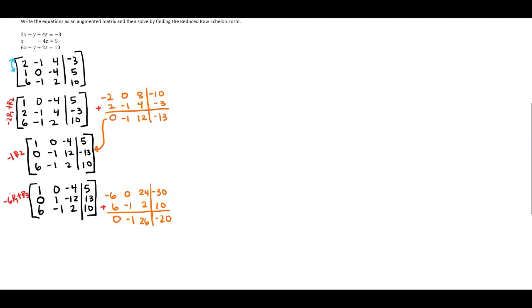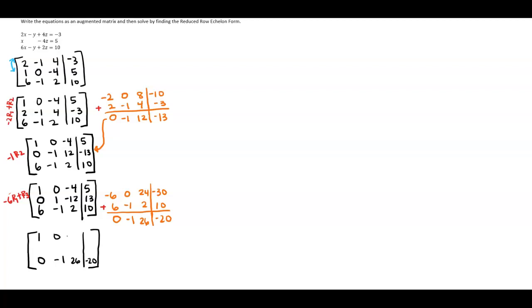Okay, so let me write my next matrix down here. Oops. So my new row 3 is going to be 0, negative 1, 26, and then negative 20. And my other 2 rows stay exactly the same.